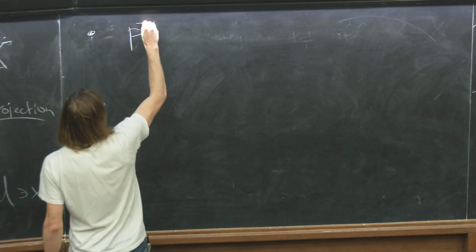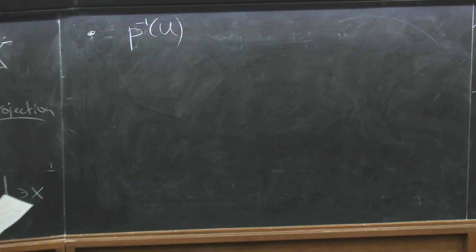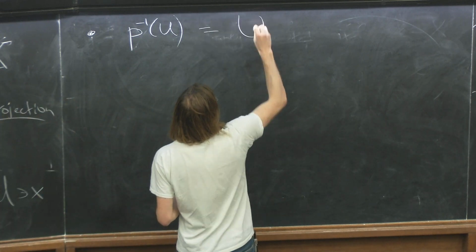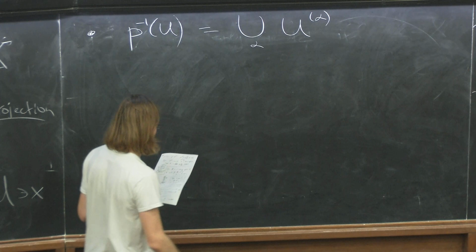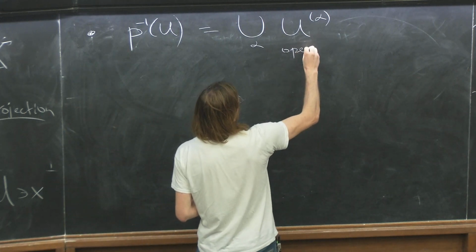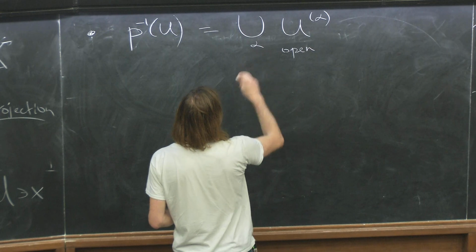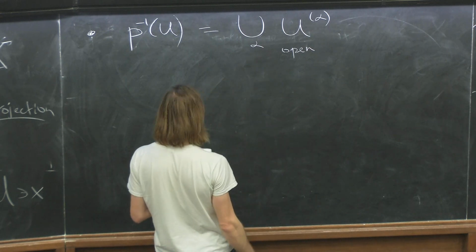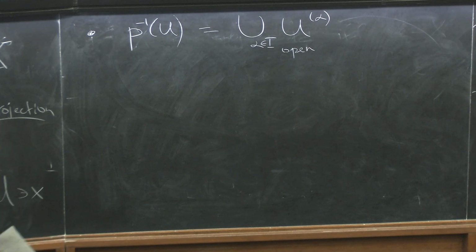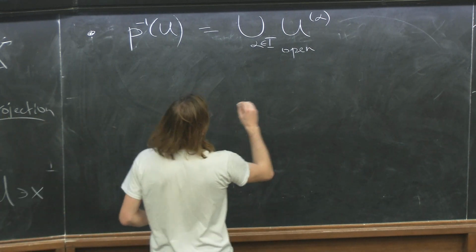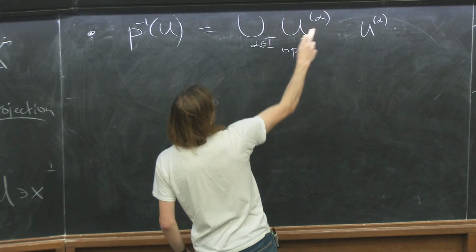So first, if you consider the inverse image of this neighborhood of x, it has the form of a union of open sets U_alpha, indexed by some set, say I, such that they do not intersect for different values of the index.